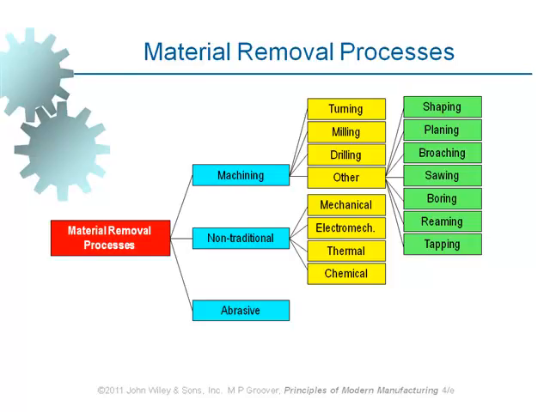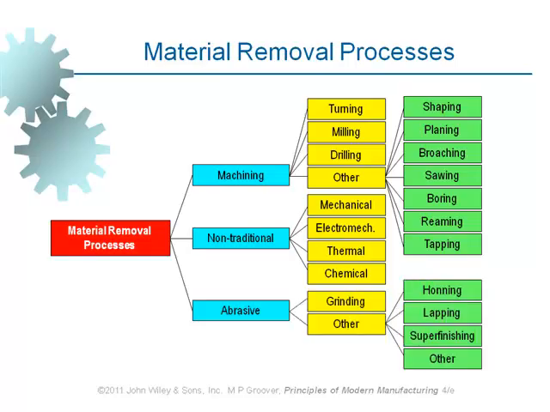And eventually abrasive methods, abrasive machining, such as grinding, honing, lapping, and super finishing. These are different types of machining processes. Again, in this type of process, a physical method is used to remove the material. However, the shape of the cutter is different.